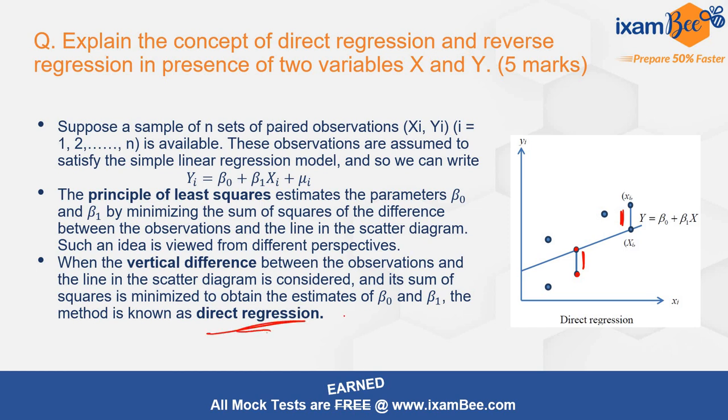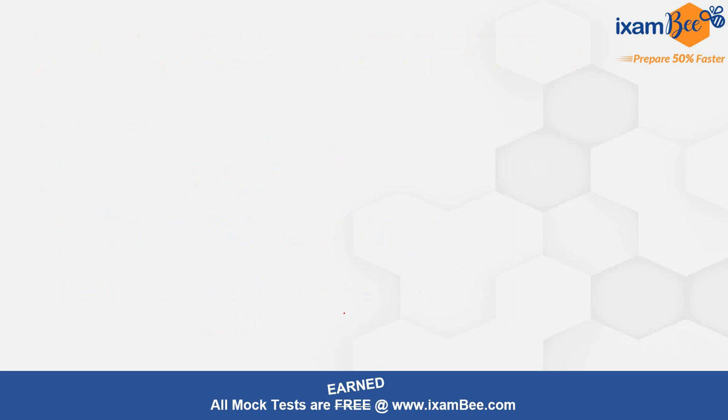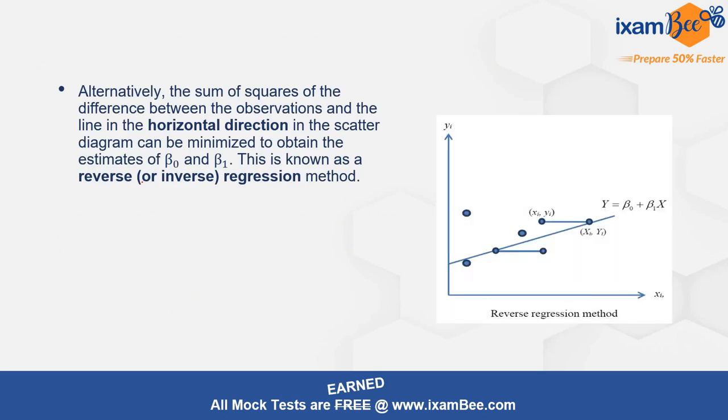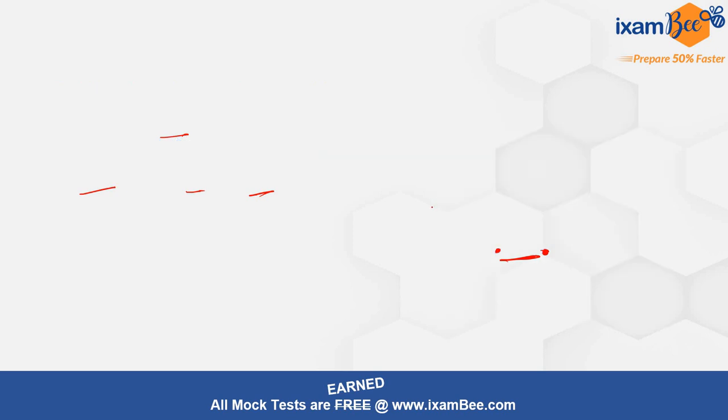But on the other hand, if you are taking the horizontal difference from the observed point to the fitted line, this horizontal difference, to minimize the sum of squares of the error terms, then you are doing a reverse or inverse regression. So I hope the distinction between the two is now clear.